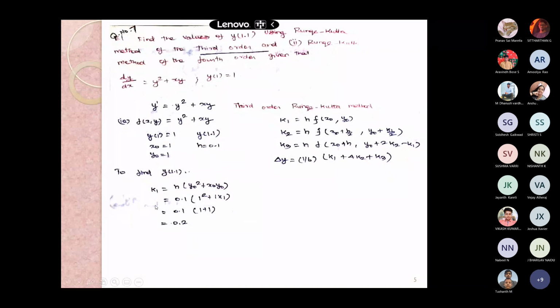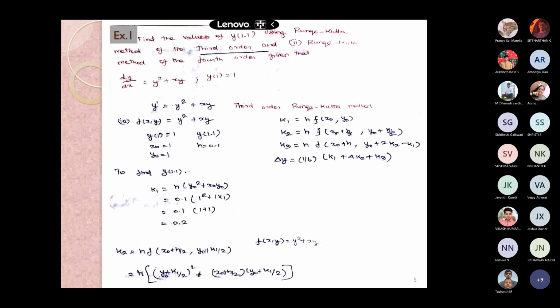Similarly, we need to calculate the value of K2. K2 is equal to h into f of x0 plus h by 2, y0 plus K1 by 2. Instead of x and y, we need to add h by 2 to x0 and K1 by 2 to y0. The given function is y square, so instead of y, you adjoin K1 by 2.